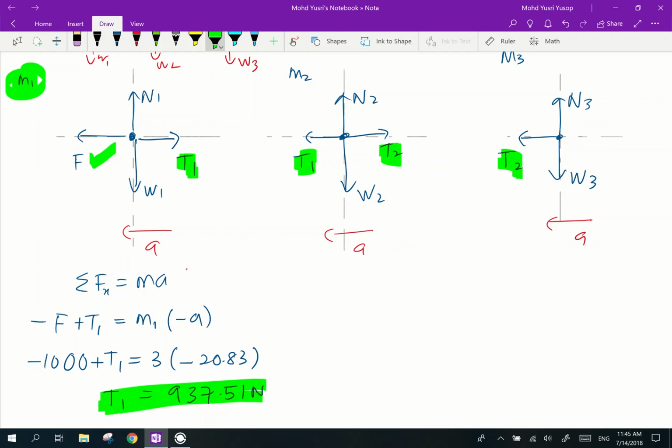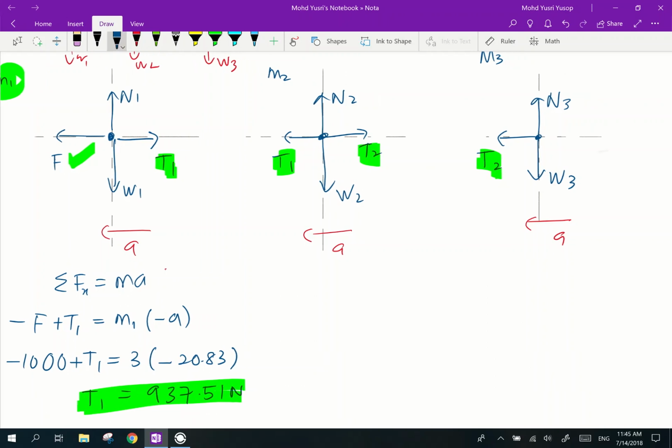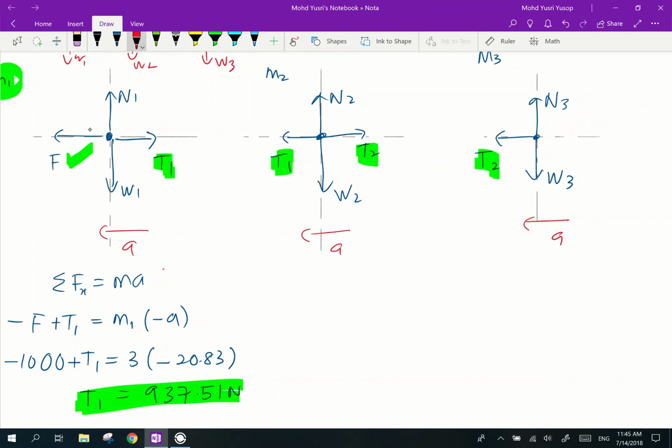Okay, bagi T2 saya akan gunakan free body diagram mass 3 sebab lagi senang, ada satu saja unknown force kat sini dan matematik ni akan lebih senang. Tapi kalau nak pakai yang ni pun boleh juga since kita dah tahu T1, so kita boleh cari T2. Tapi saya nak pakai mass 3. So sum of Fx is equal to ma. Now negative T2 is equal to M3 times negative a.